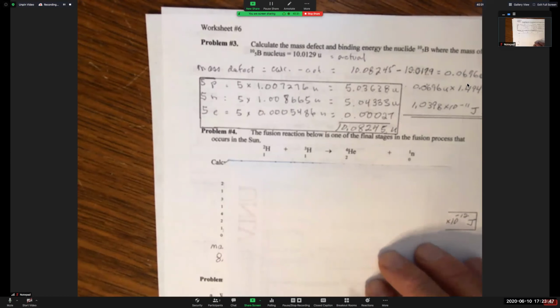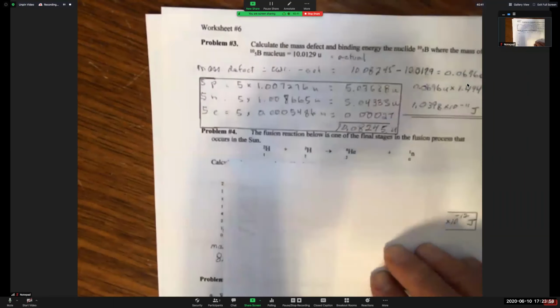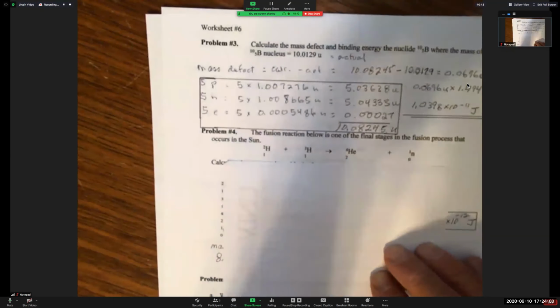The statement says this fusion reaction is one of the final stages in the fusion process that occurs in the sun. So we have hydrogen 2 reacting with hydrogen 3, that's deuterium and tritium. These are the names of those isotopes of hydrogen, producing helium 4, which we learned earlier was the most stable and most abundant isotope of helium. That's a stable isotope of helium and is not radioactive.